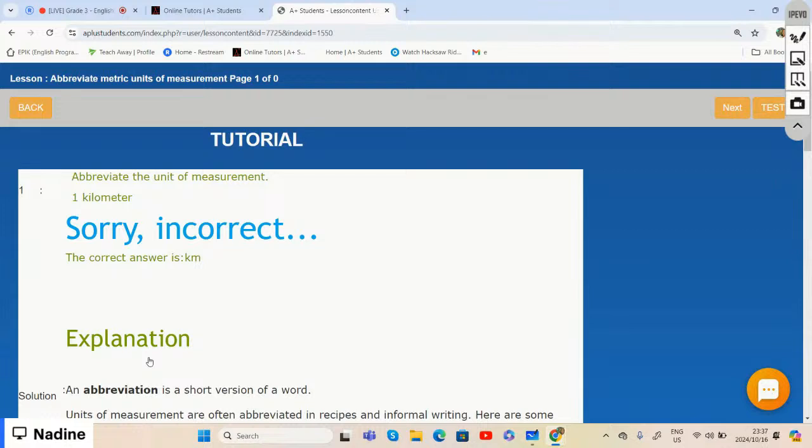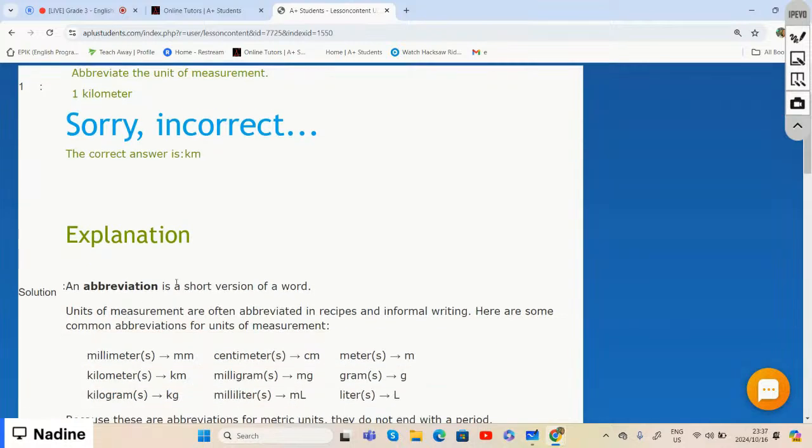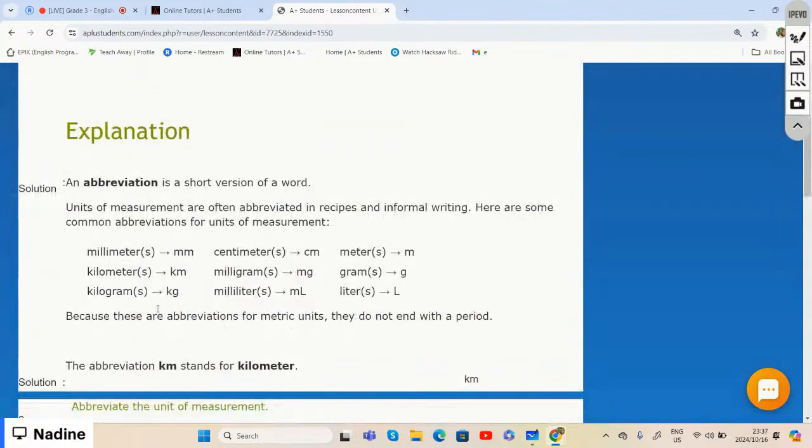So we abbreviate the word, yes, but we don't add a period after it. Once again, here we see our metric units of measurements.